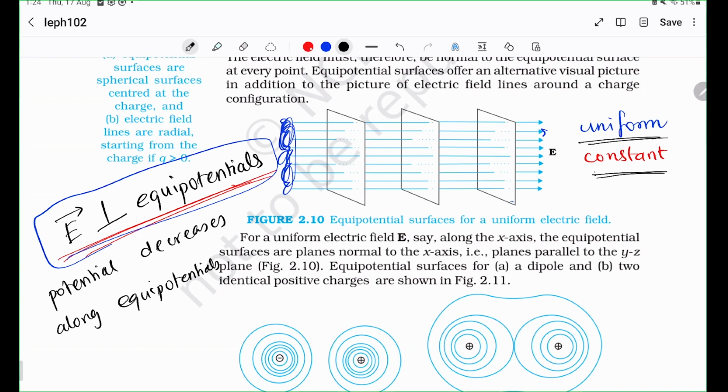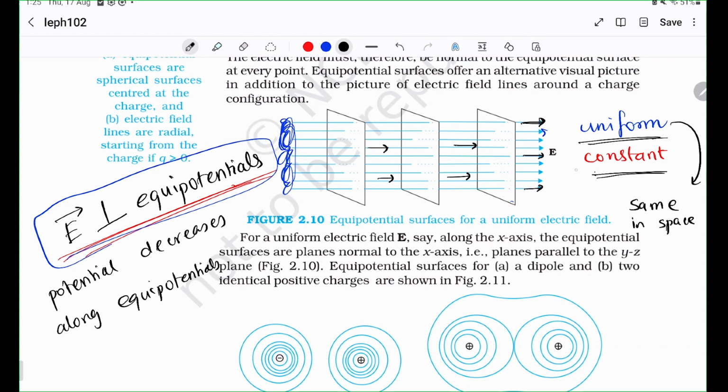Uniform means the same in space. That is, there is no difference between the electric field here and the electric field here. They all point in the same direction and have the same magnitude. That is what uniform means.